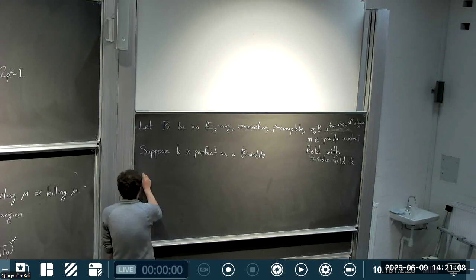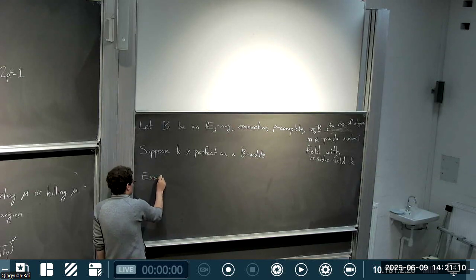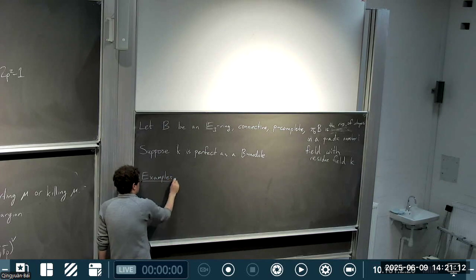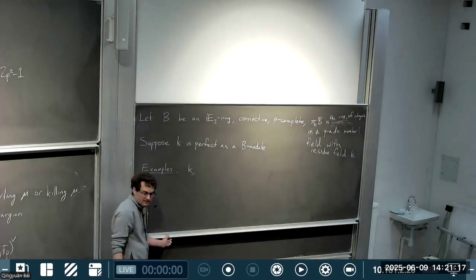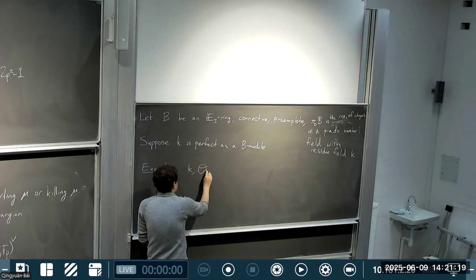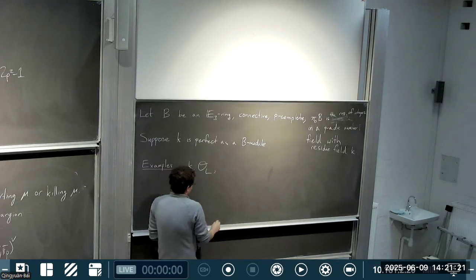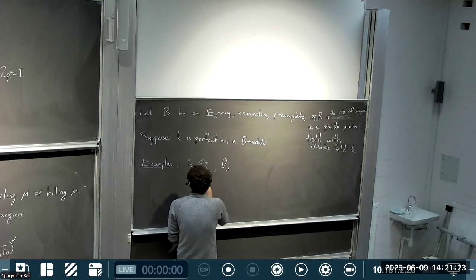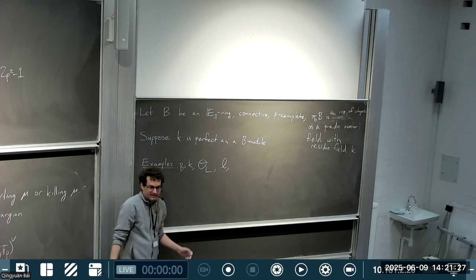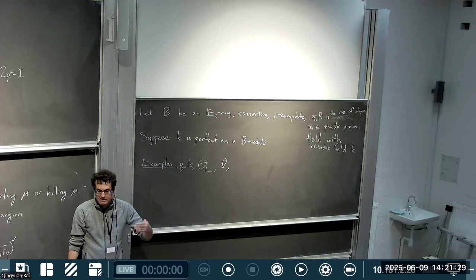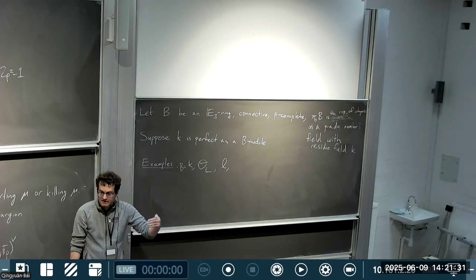So examples. L itself satisfies this condition. So there's this ring of integers, so it's L. Why does L satisfy that? That's because if I take L and I mod out by v1 and then I mod out by p, I get FP.